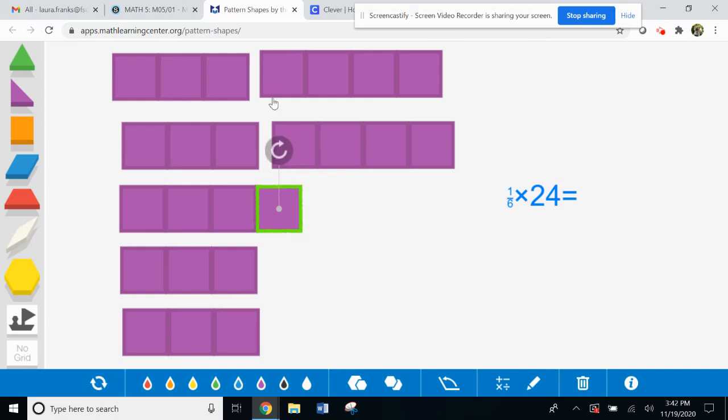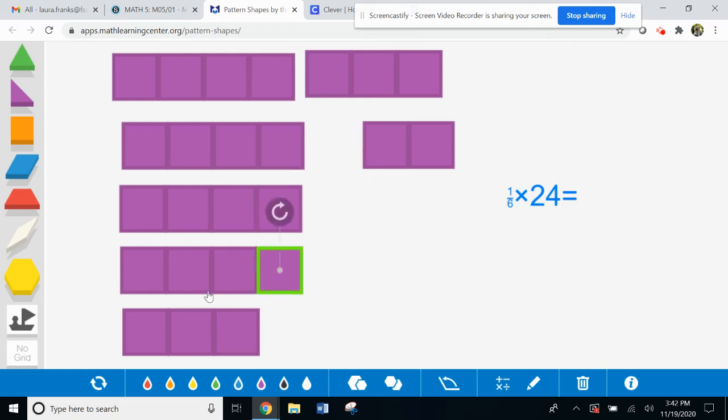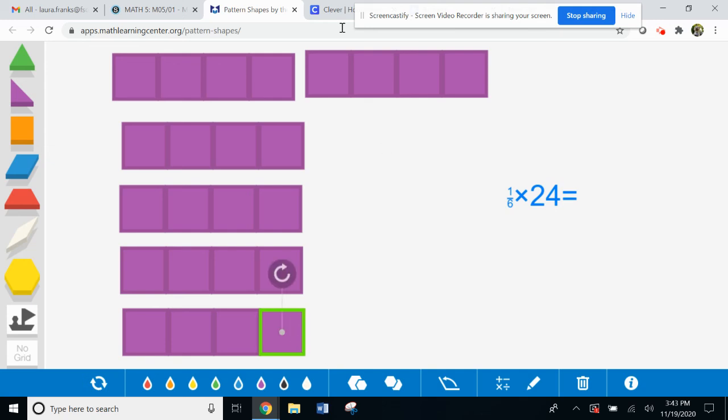If these would stop turning, that'd be great. So I'm going to take all my extra ones and distribute them. 1, 2, 3, 4, 5, 6. Okay, so I have 6 rows, which is what it says I need to have, 6 groups. And it says I'm looking at one of those groups.